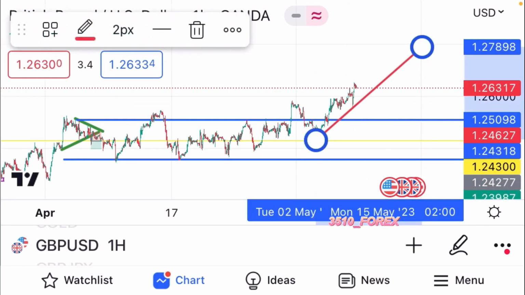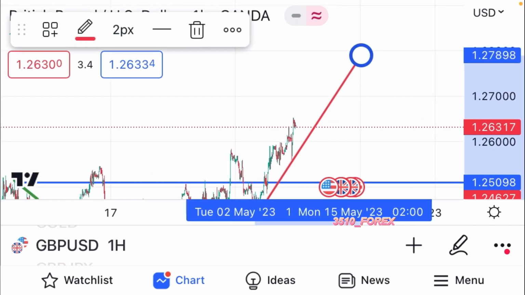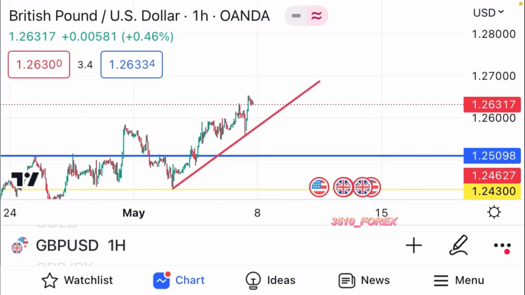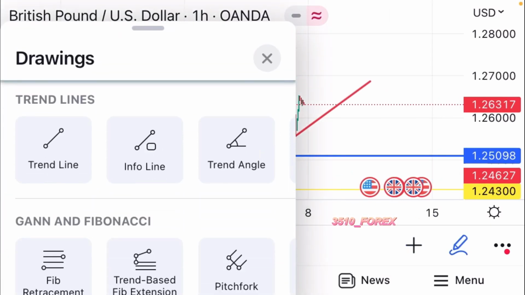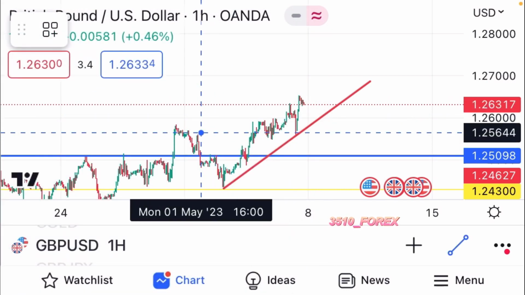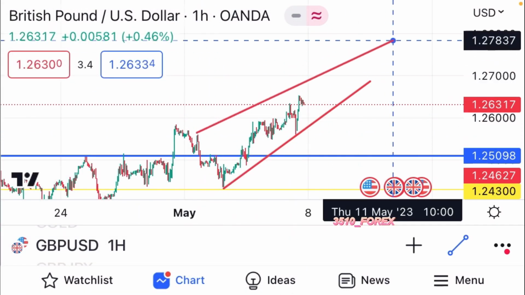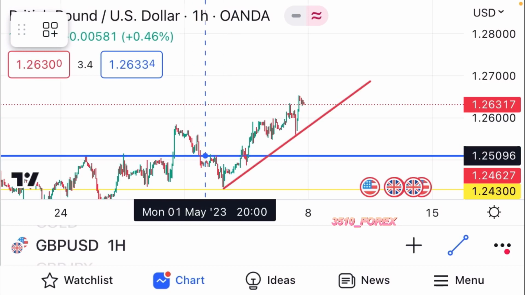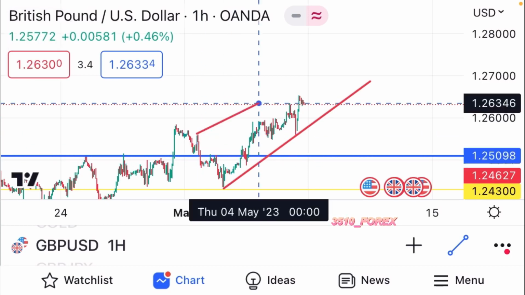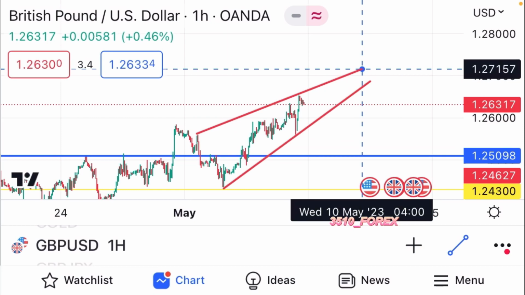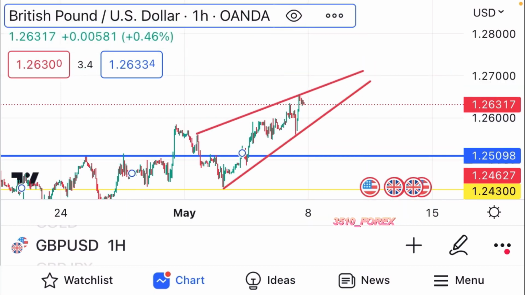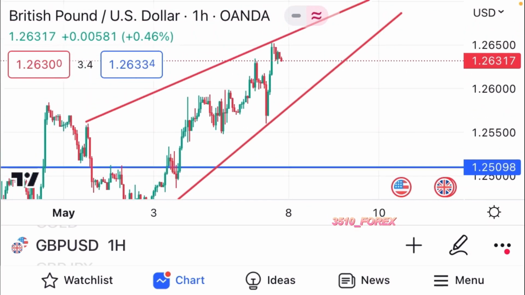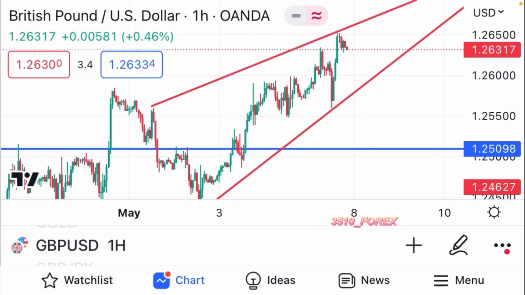So far, this is the channel that we have in GBPUSD, and let's work with it. So this is the channel that we have, and on this channel we will analyze and see what we have.